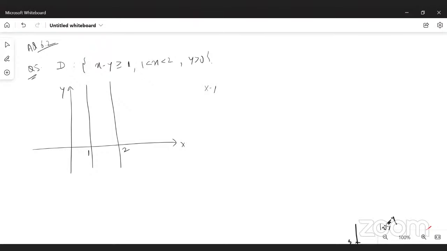How will this line look? When x is equal to 1, then y is 0. So 1 comma 0 is one point, and 2 comma 1 is the next one.